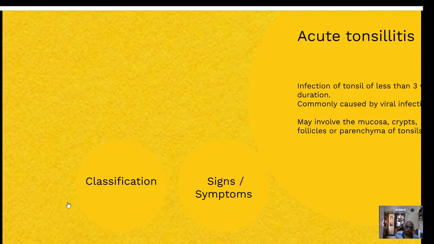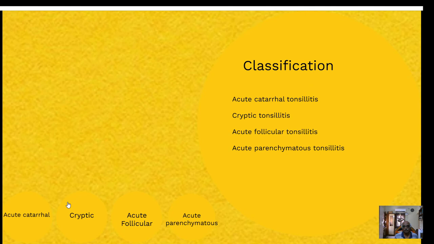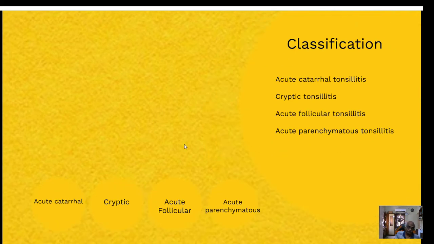Let us go into the classification of acute tonsillitis. Acute tonsillitis can be classified into acute catarrhal tonsillitis, cryptic tonsillitis, acute follicular tonsillitis, and acute parenchymatous tonsillitis. So let us look into all these 4 types of acute tonsillitis in detail.